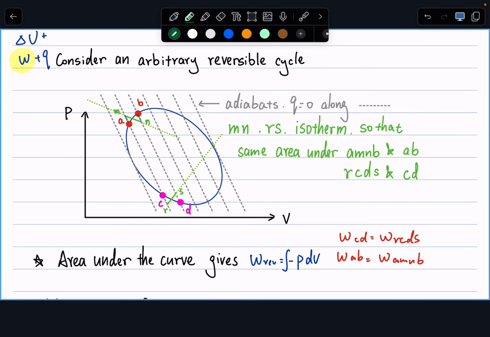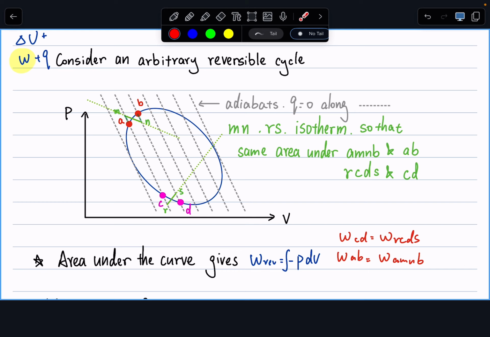And again, the way we draw it doesn't matter. You can draw it in a different way. The point here is we want MN and RS on an isotherm, and at the same time, AM and BN are on adiabats. Then we're just trying to find points on there so that this condition is true.